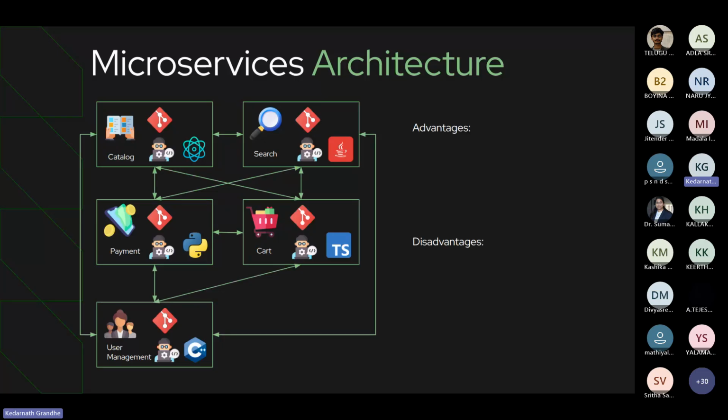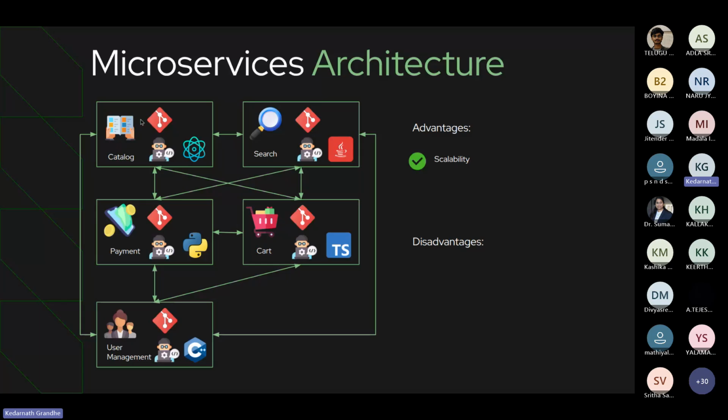So what are the advantages and disadvantages? As I said, scalable. When you put up a sale like an Amazon sale, obviously there will be heavy traffic. Lots of people will be browsing your shopping app. So you want a lot of catalog services available to handle all the traffic. In this microservices architecture, you don't scale the entire application. You are just scaling the catalog part of it.